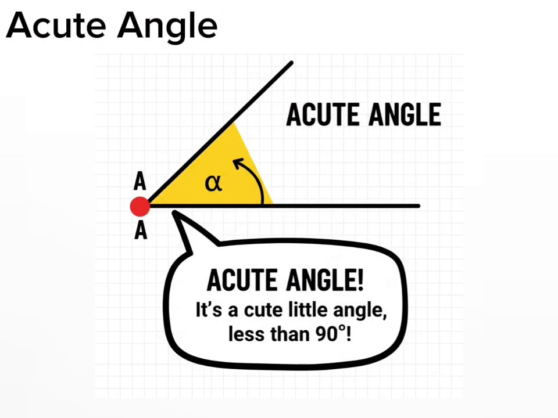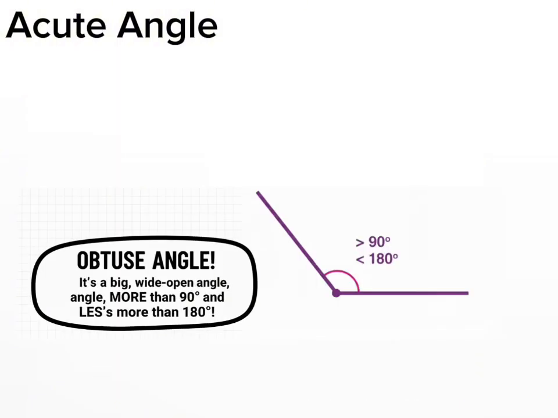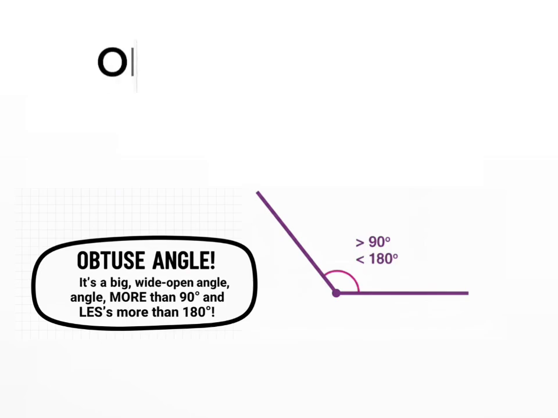Acute angle is less than 90 degrees. It's a small angle, always less than 90 degrees. Obtuse angle is more than 90 degrees and less than 180 degrees. It's a big, wide open angle.